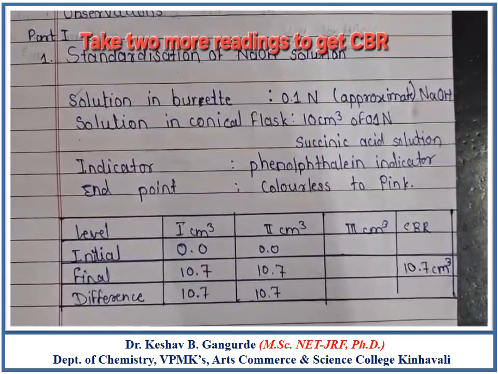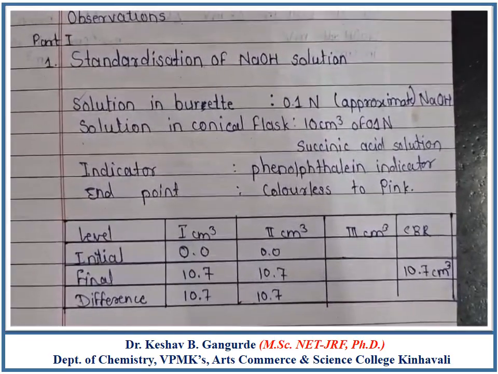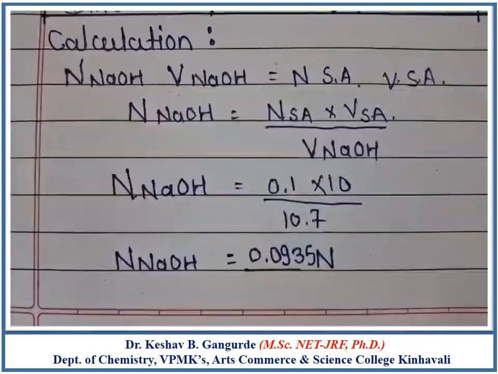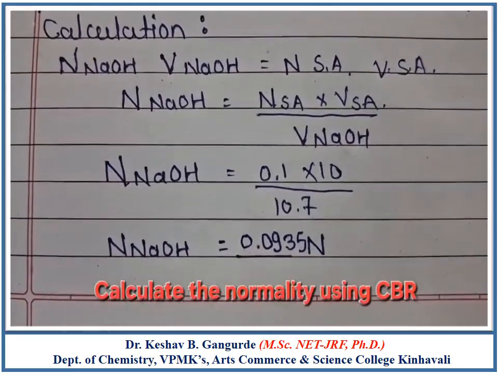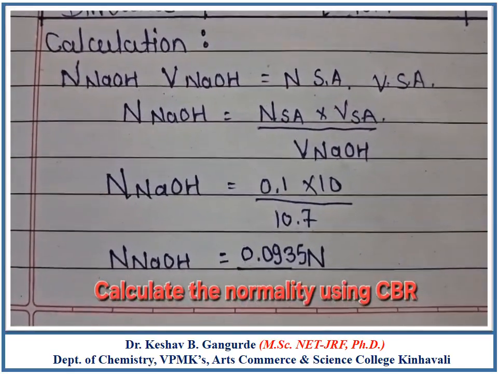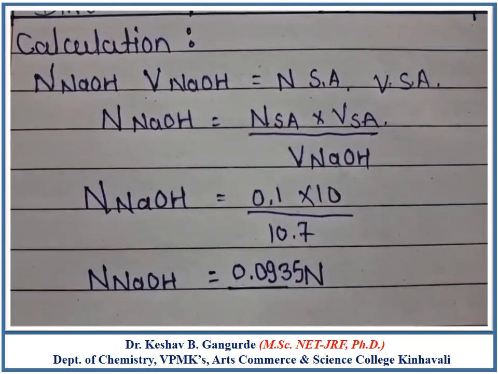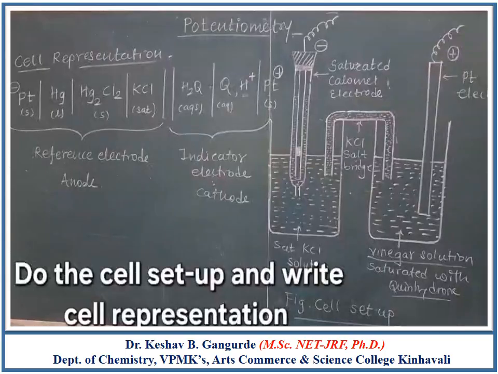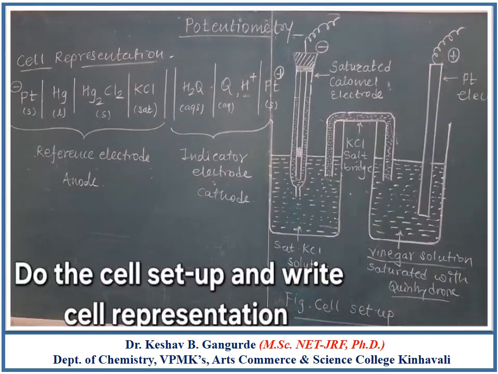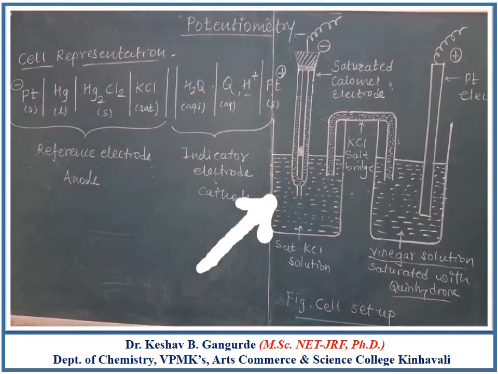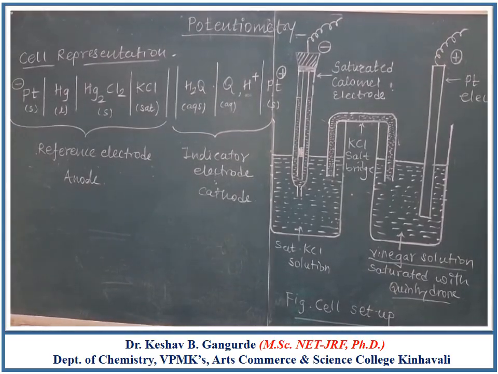Take 2 more readings and note down the constant burette reading. The CBR is 10.7 cm cube. After doing calculations, the normality of given NaOH solution is observed to be 0.0935 normal.